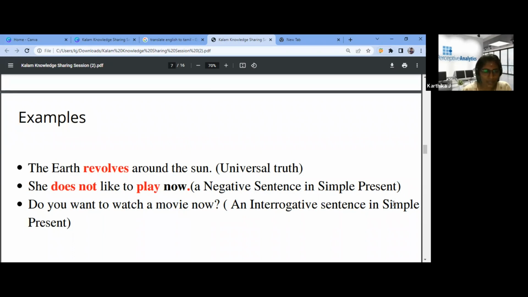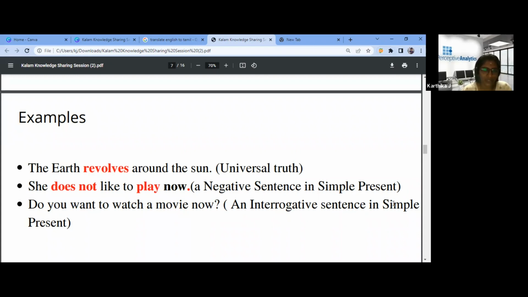Next, we have two more forms: the negative simple present and the interrogative simple present. Negative means the sentence is in the negative format. The example is: she does not like to play now. At the moment she does not like it, maybe she will like it in the future.